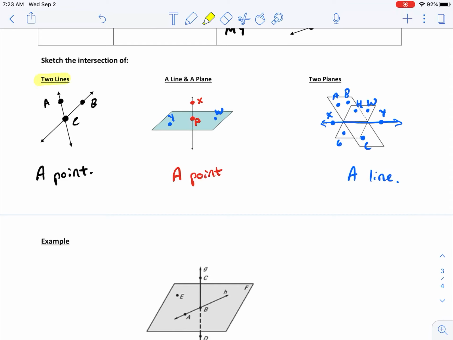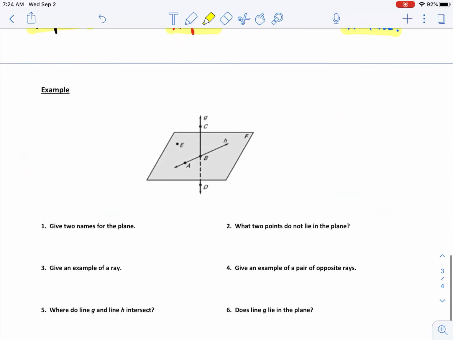But the big thing is that 2 lines will intersect at a point, a line and a plane will intersect at a point, and 2 planes will intersect at a line.